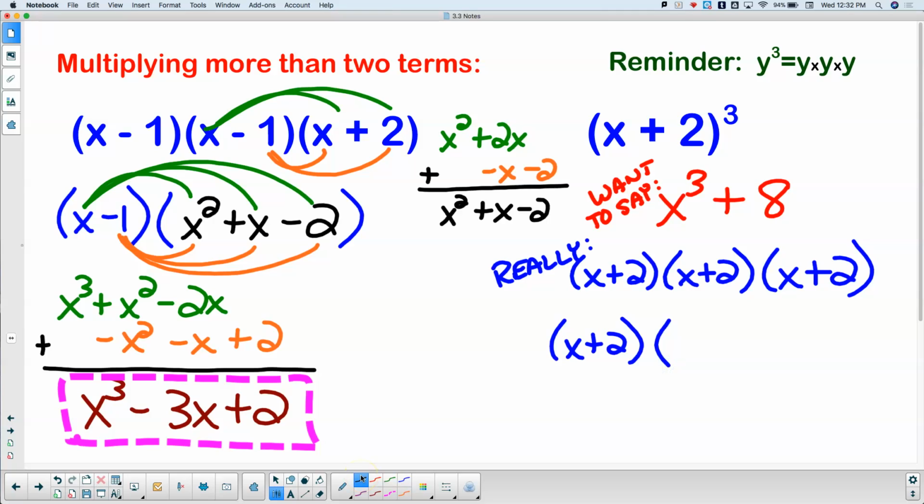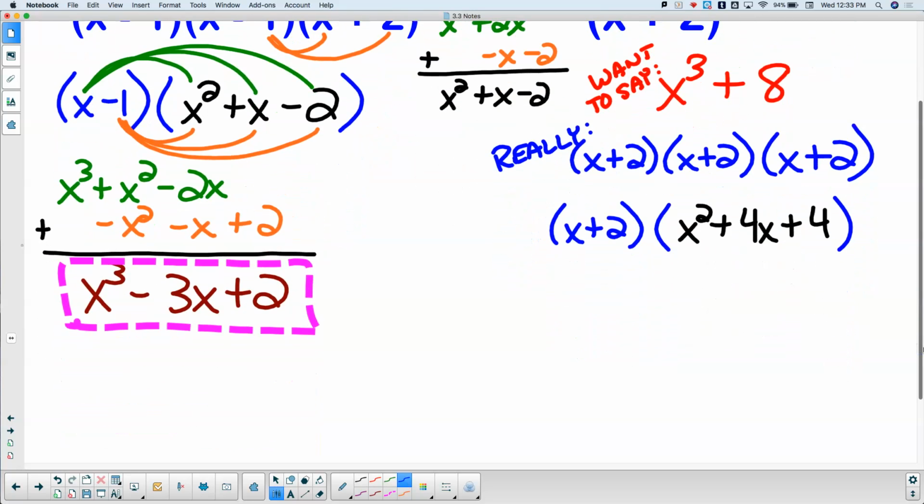So then this would be x squared plus 4x plus 4, if you did the multiplication correctly. So then this would be x cubed plus 4x squared plus 4x. And then this would be 2x squared plus 8x plus 8.